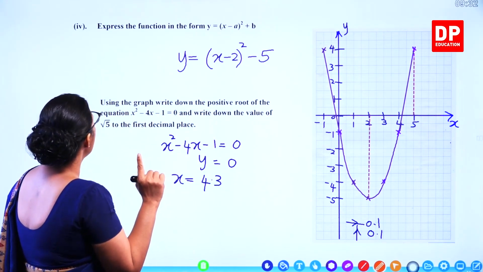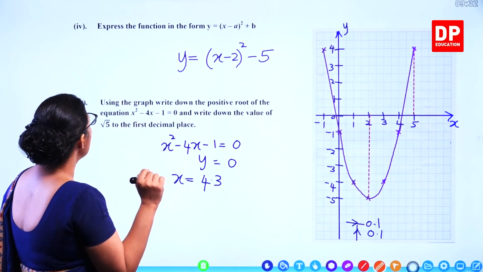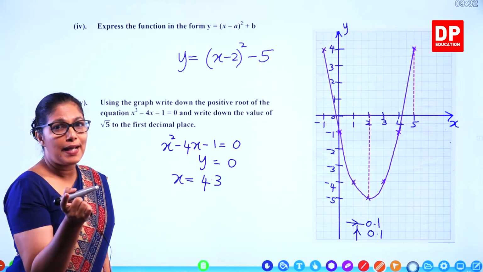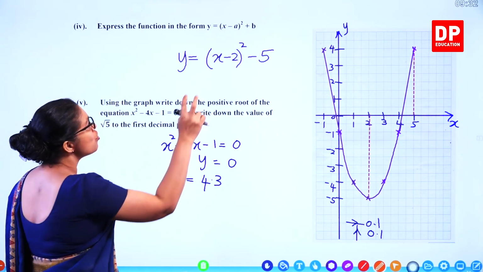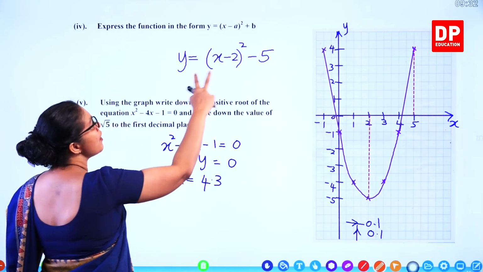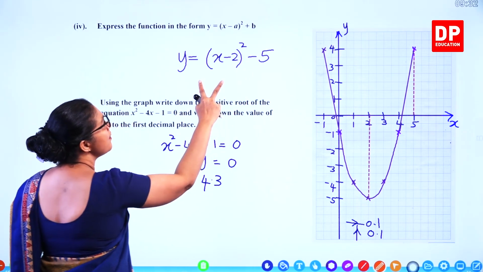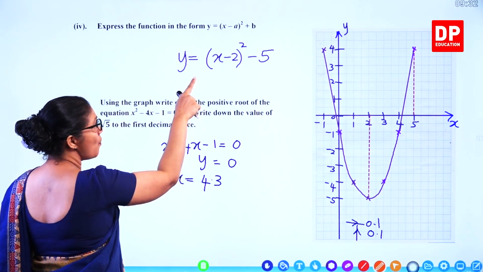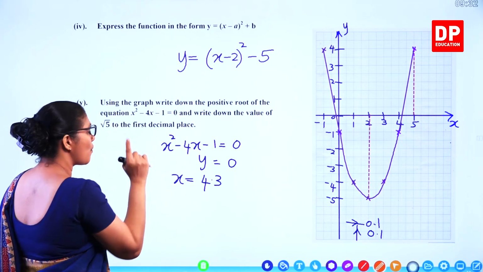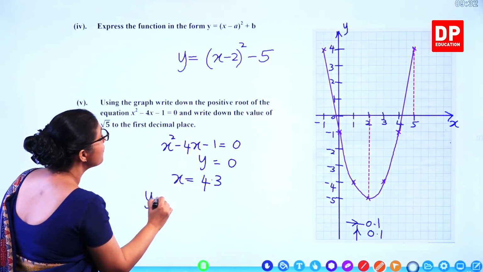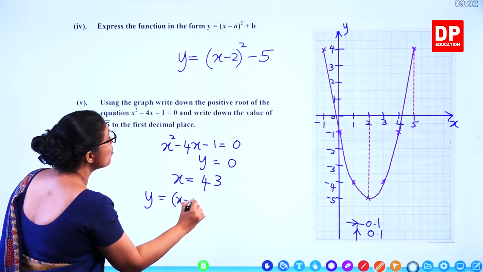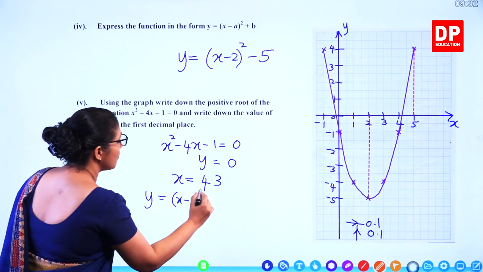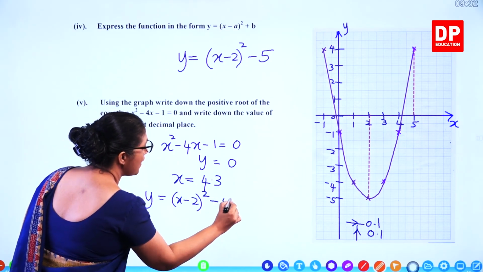So write down the positive root of the equation and write down the value of root 5 to the first decimal place. So you have to check the root value. We have to check whether you are getting the same equation. So take x minus 2 squared minus 5.